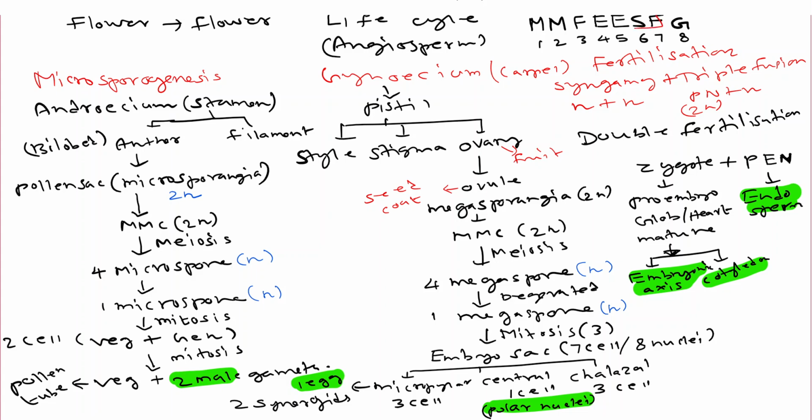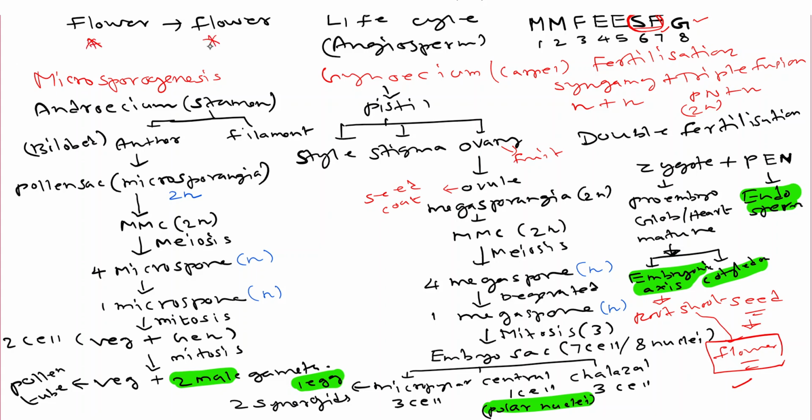Finally, the seed or fruit, if it is eaten or maybe the seed is used directly, the seed will germinate. During germination, the embryonic axis of the seed will turn into root and shoot. Shoot will form a flower.